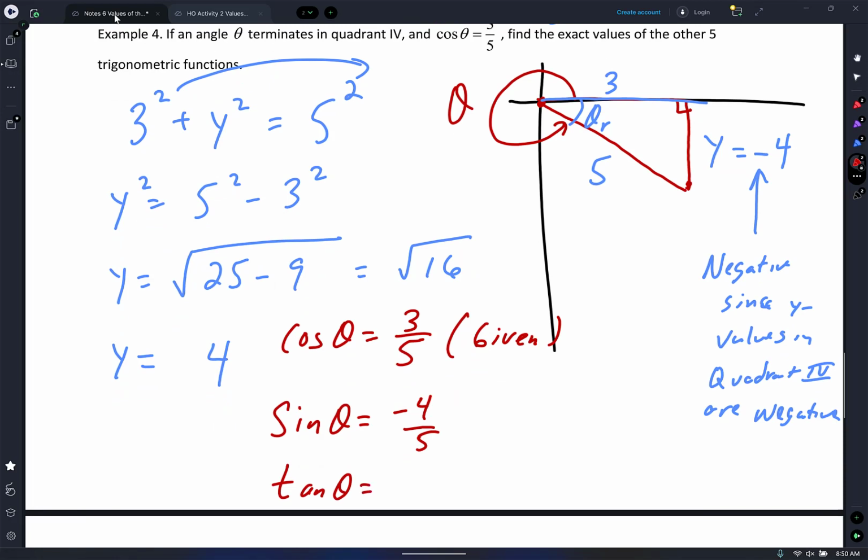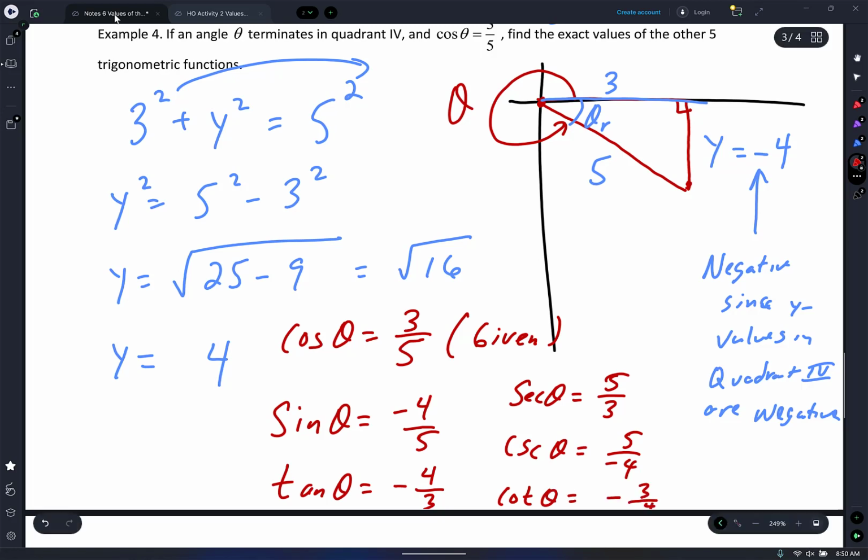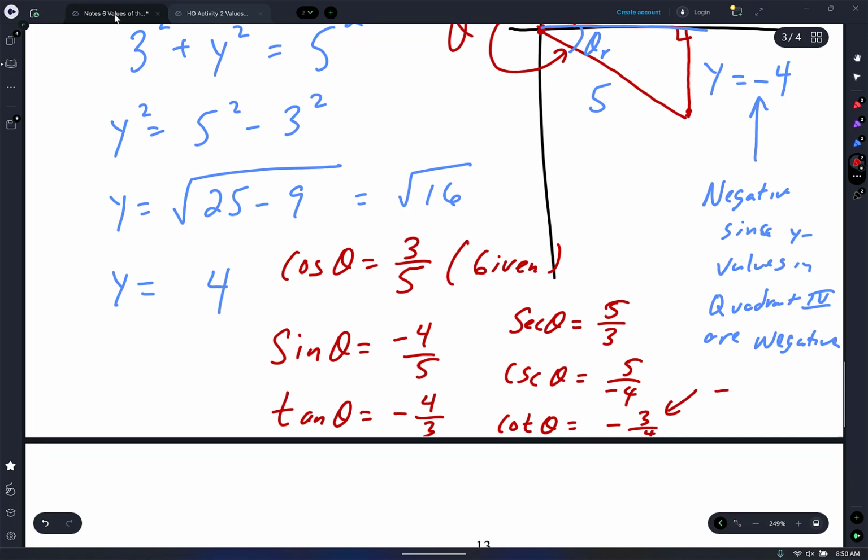Tangent is opposite over adjacent. Perfect. And that's it. I'm just going to do the reciprocals for the others. I'm going to write secant. Secant is 5/3, and I guess you can put given, kind of, right, if you wanted to. Cosecant, CSC. What's that? And then finally, cotangent. That's a 3/4 there. Negative 3/4.